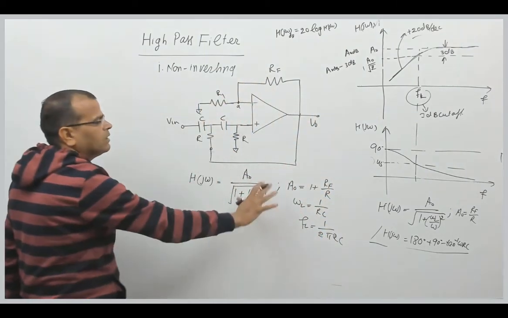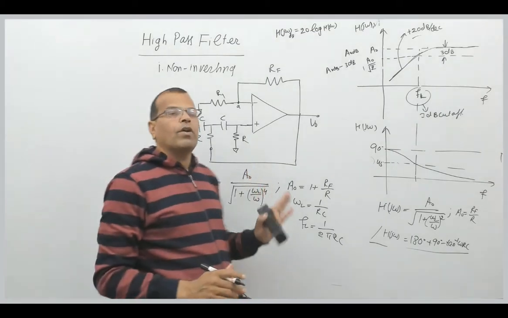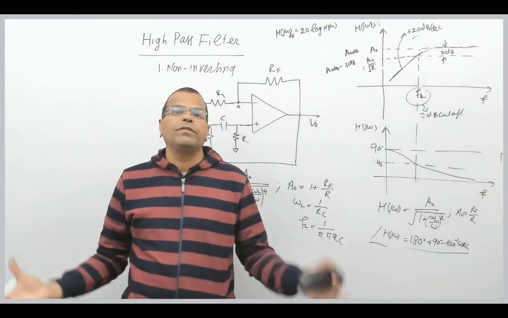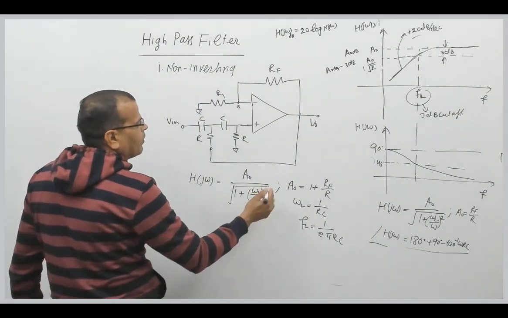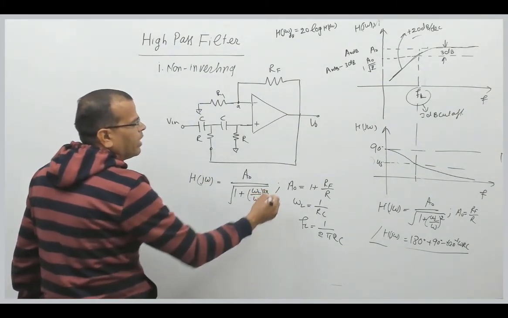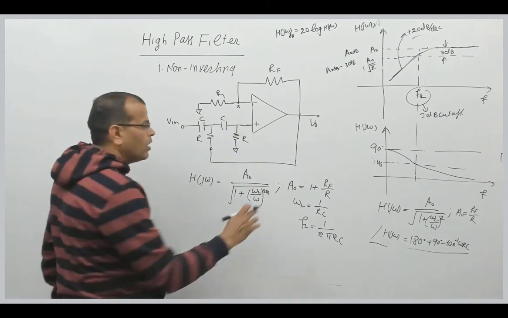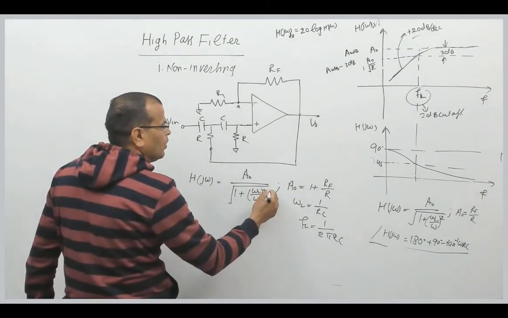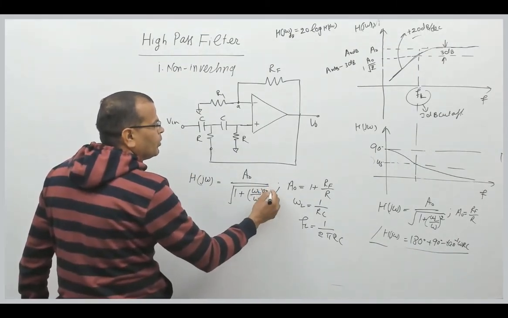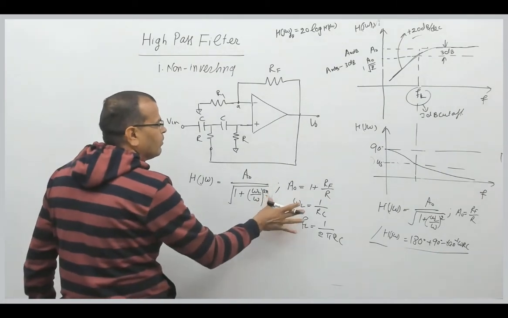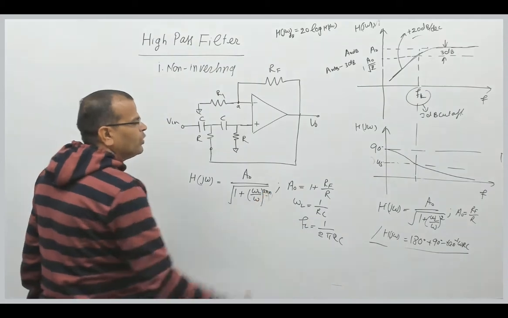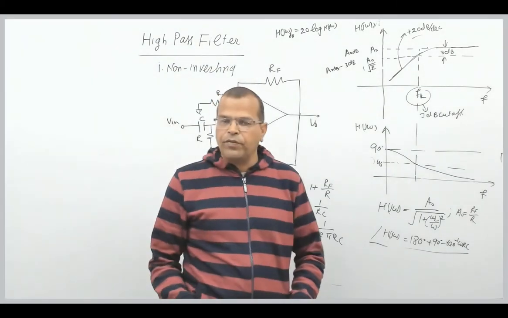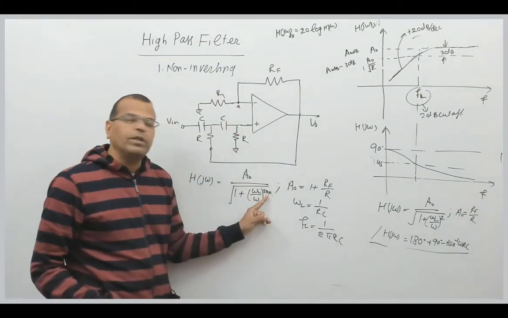That is the circuit, and this is the expression for the gain of this filter, right? For first order it was 2 into 1. For second order it is 2 into 2. For third order it will be 2 into 3. For fourth order it will be 2 into 4, and so on. So for nth order it will be 2 into n. So the transfer function for an nth order filter will be similar to this.